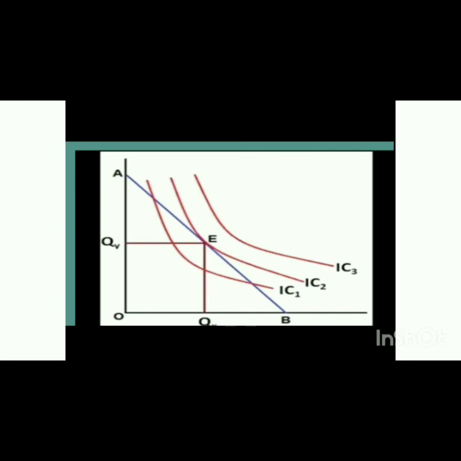Once again, the slope of the budget line equals the slope of the indifference curve. This shows that the optimum point of the consumer is where the slope of the budget line equals the slope of the indifference curve. That is, minus P1 by P2 equals MRS X1 X2.